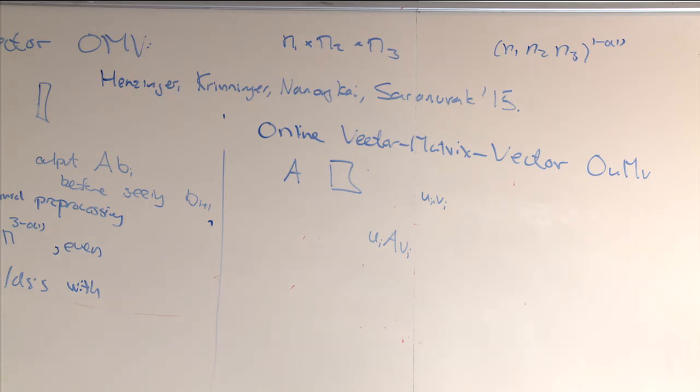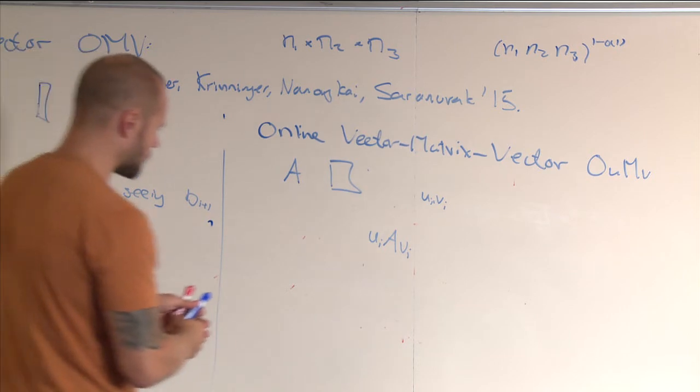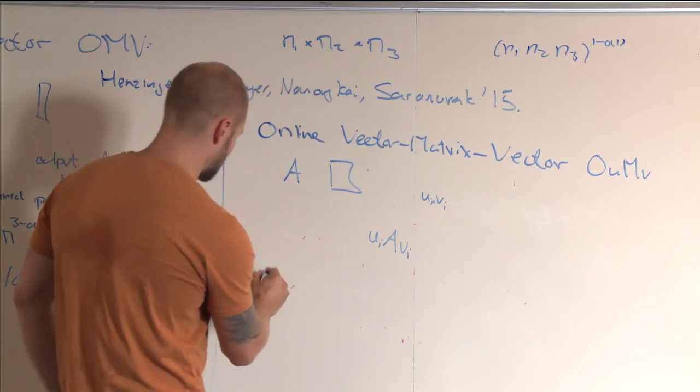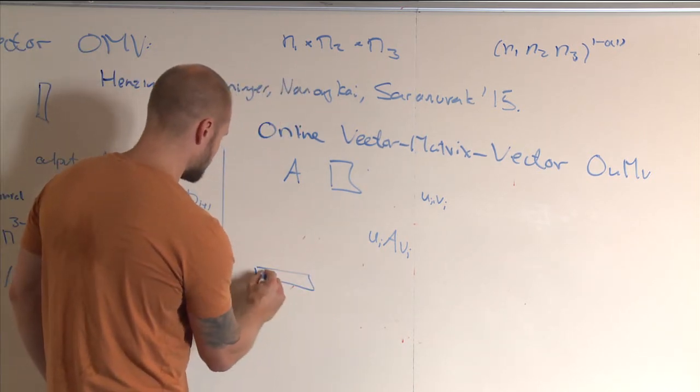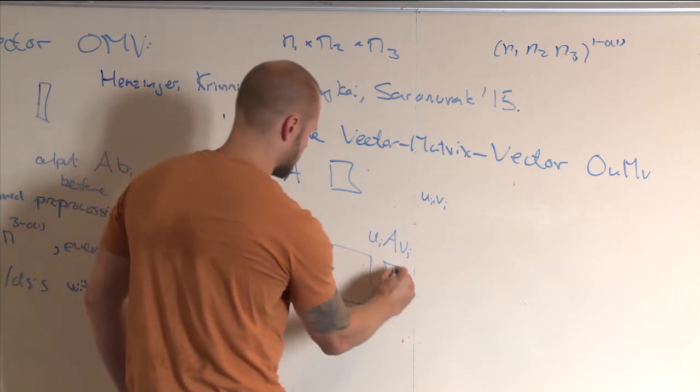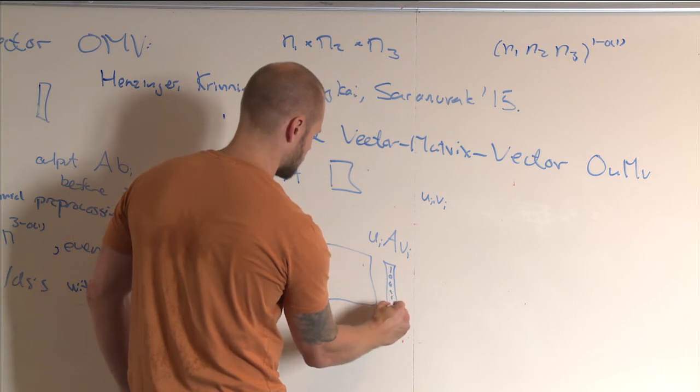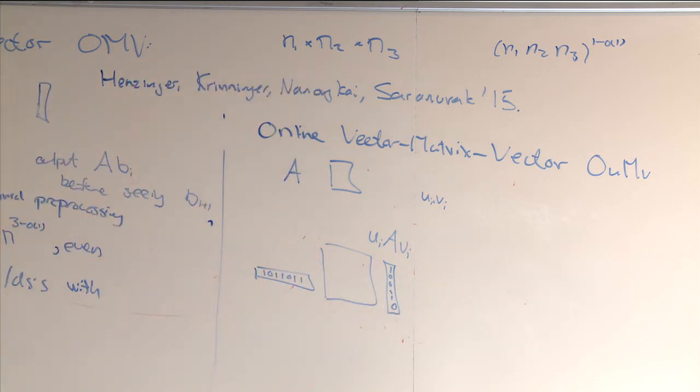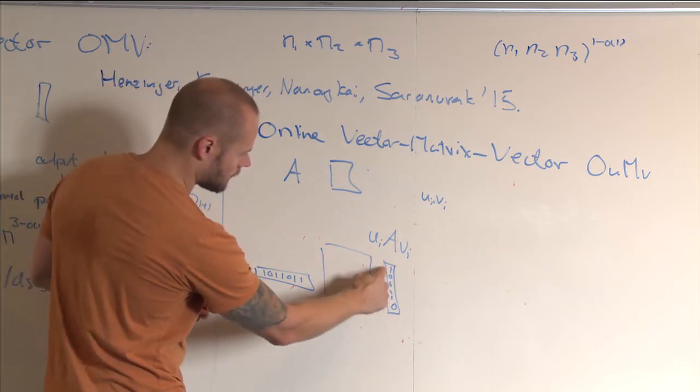Maybe one thing worth seeing here. If I have one of these products, the u is like an indicator, you have the matrix, you have the v. What is the answer to the query? Think about it: this is ORing all the columns where you have a 1.